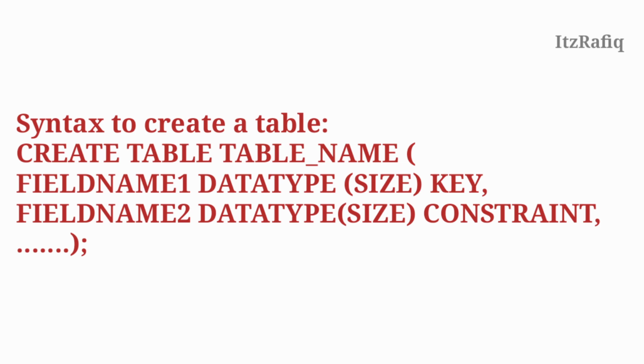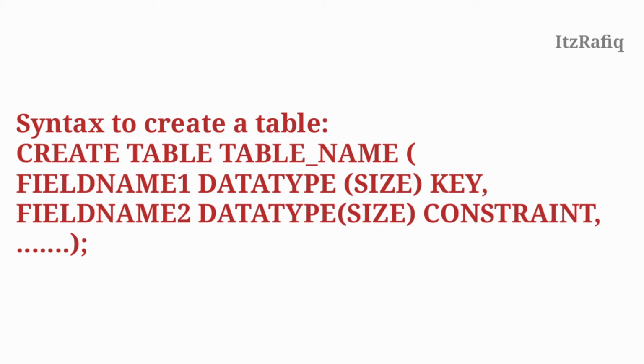Now, creating a table. To create a table, the format is first CREATE TABLE, then the table name. After that we have a bracket. After that we write column name, data type, size, then the constraint, comma, next column name, data type, size, constraint if required, comma, next column name.